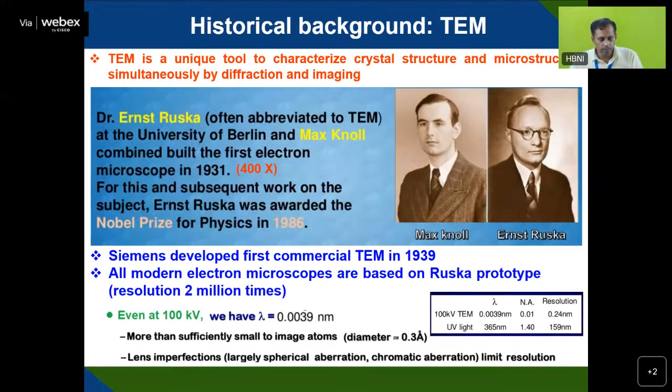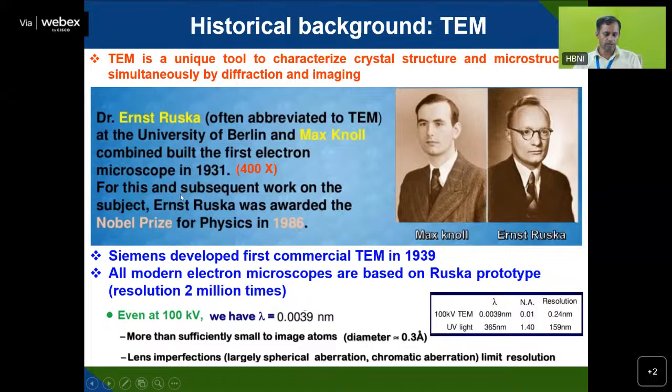If you see the historical background of the TEM, it is Ernst Ruska and Knoll who first, together, built the first electron microscope in 1931. A magnification of only about 400x was produced by these two scientists.